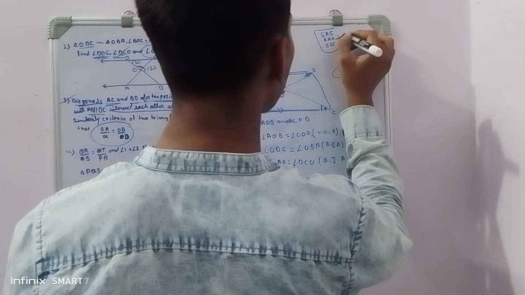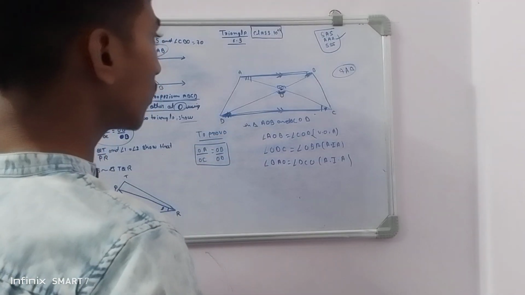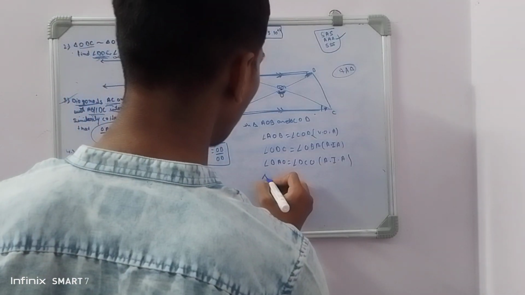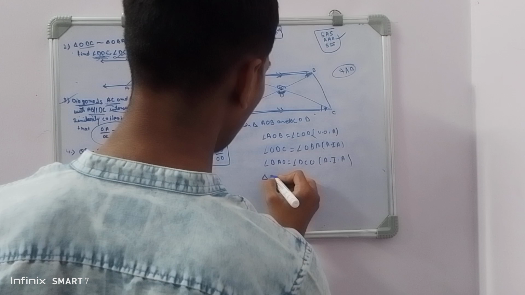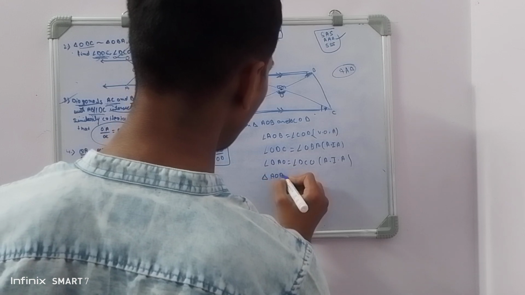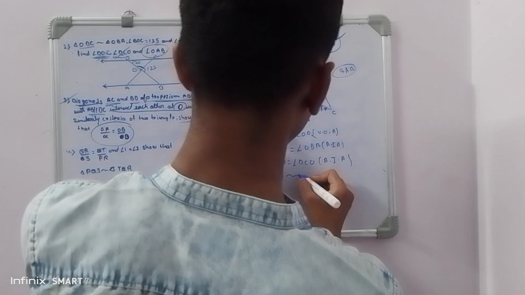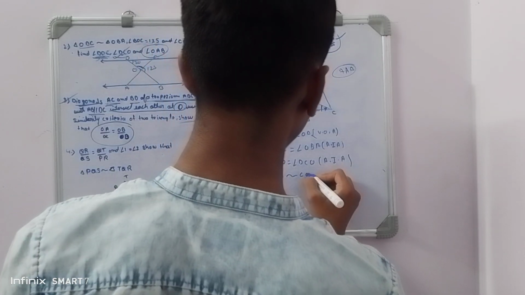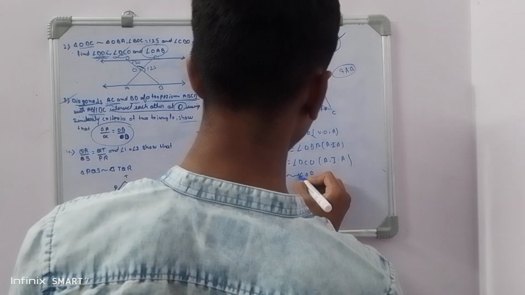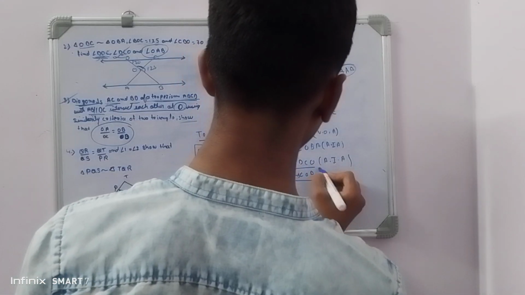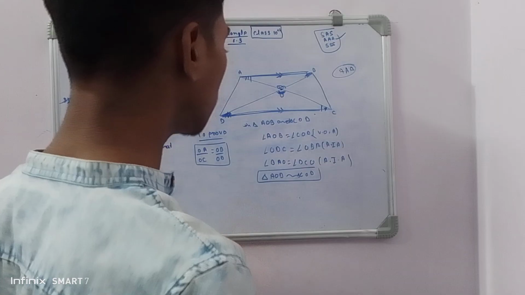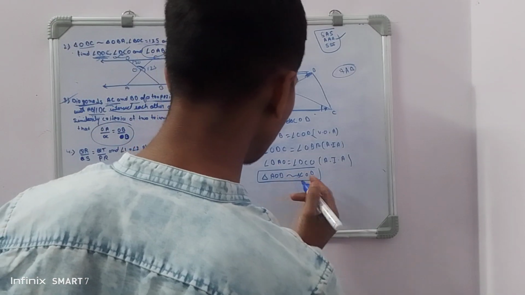So you can say these two triangles are similar. Then you can write triangle AOB is similar to triangle COD.